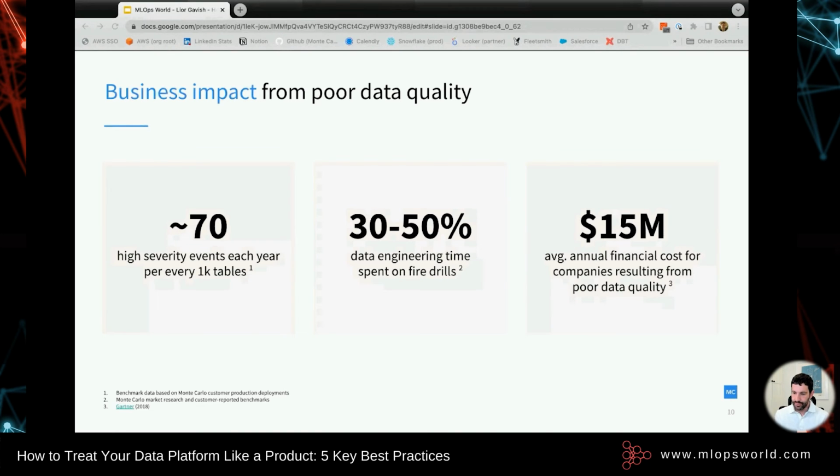And research shows that the average company loses $15 million a year from poor data quality, and other surveys show that data engineers might spend 30 to 50% of their time on data quality problems and on fire drills.